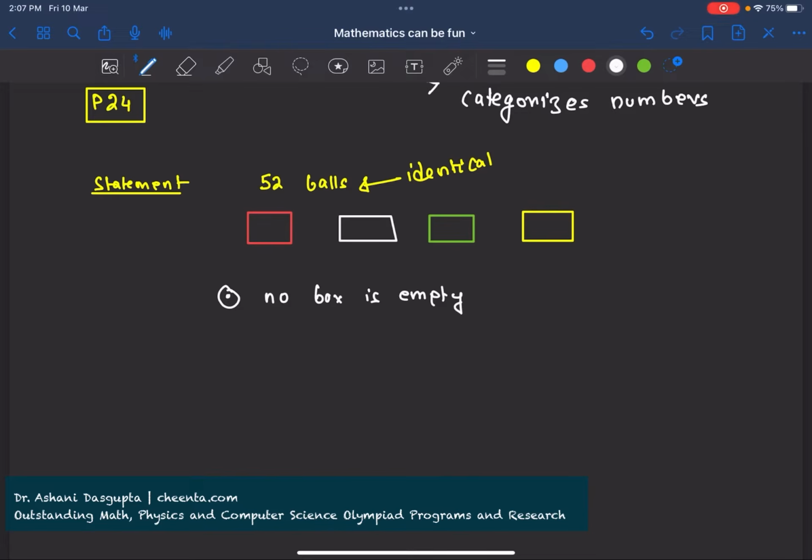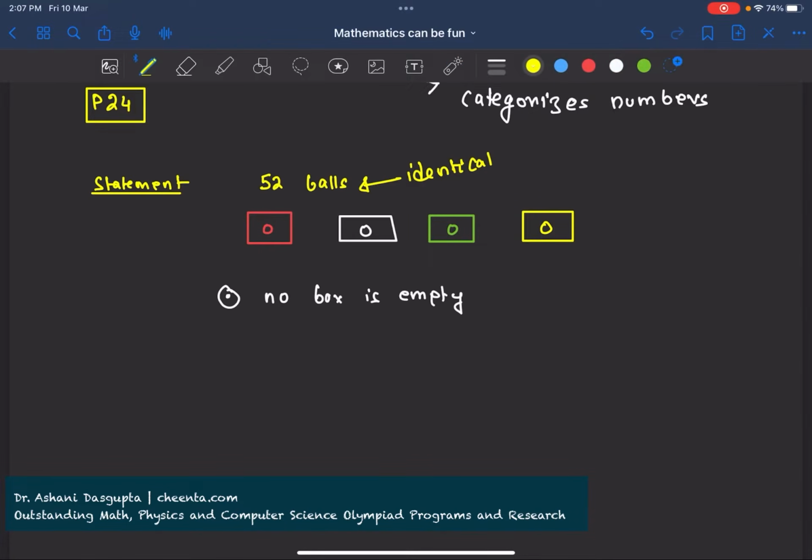So to satisfy that condition, what I'll do is I'll just put one ball in each of these boxes. That we can do, just remove these 4 balls and put them one in each box. So now no box is empty. We will start the distribution process after doing this.